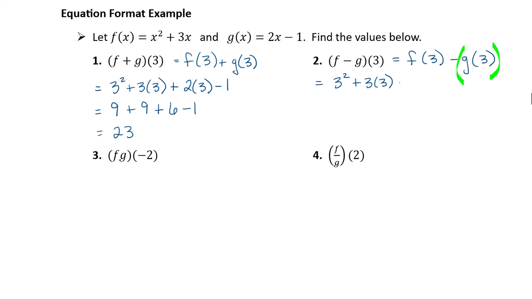We'll have a minus 2 times 3 minus a negative 1, making it a plus 1.